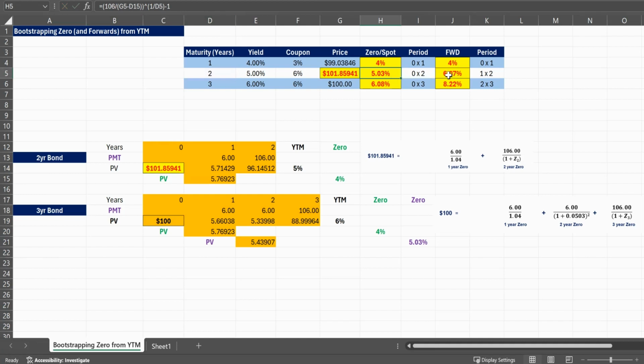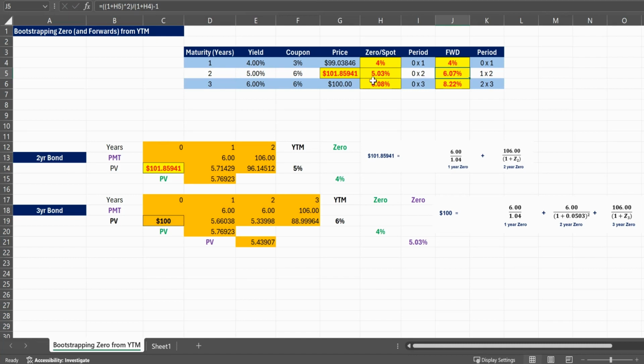To work out the 1 times 2 forward rate, all we needed to do was take the 1-year zero rate and the 2-year zero rate. Remember what we did: 1 plus the 2-year zero rate squared divided by 1 plus that 1-year zero rate. That's how we derived our 6.07 1 times 2 forward rate.